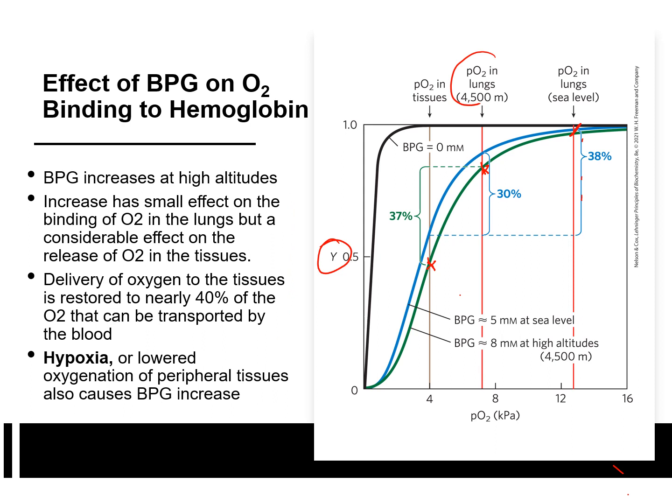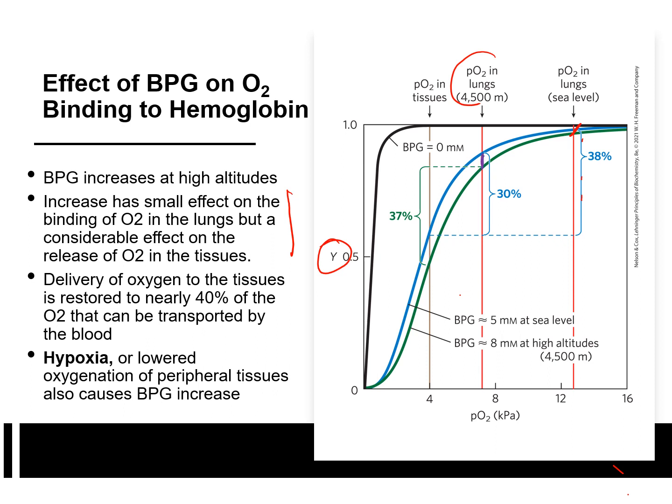What did shifting the curve to the right do for us? Well, notice we said here, increase has small effect on binding of O2 in lungs, but considerable effect on release of O2 in tissues. So when we say not a very big effect in the lungs, we mean the difference here between BPG 5 millimolar and BPG 8 millimolar is actually pretty small. The purple line here represents the difference in binding.